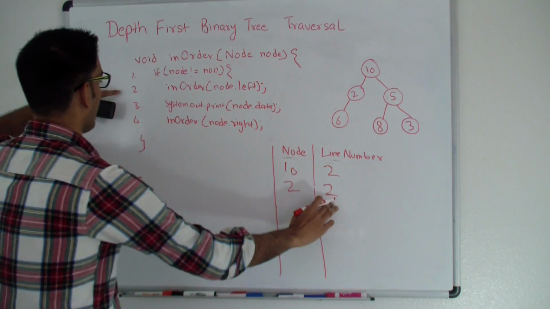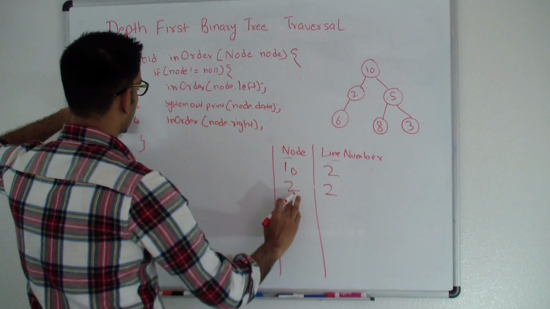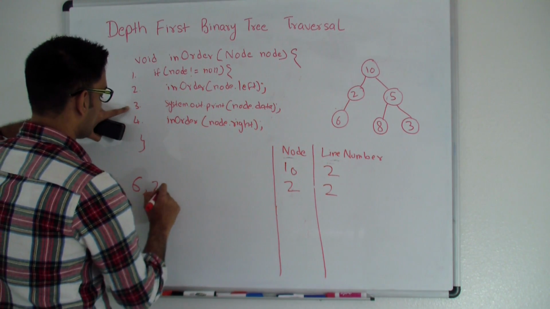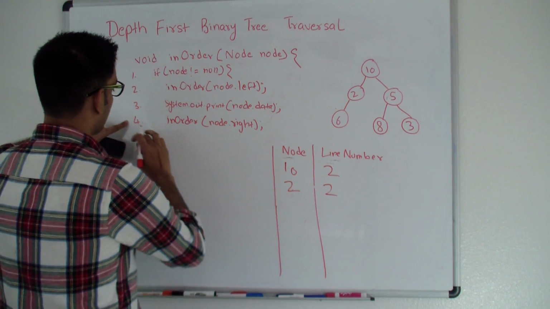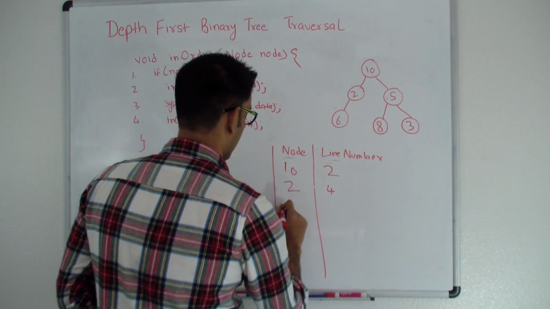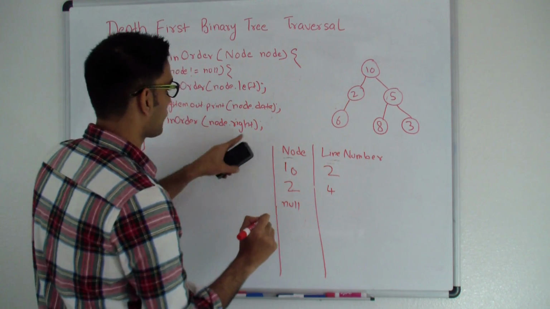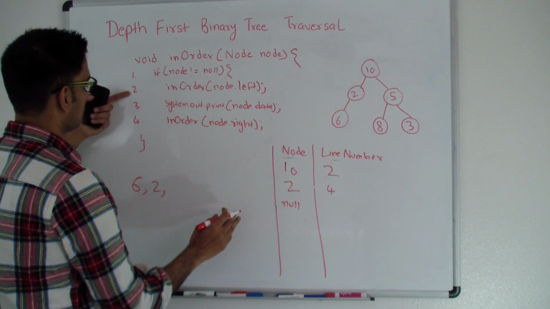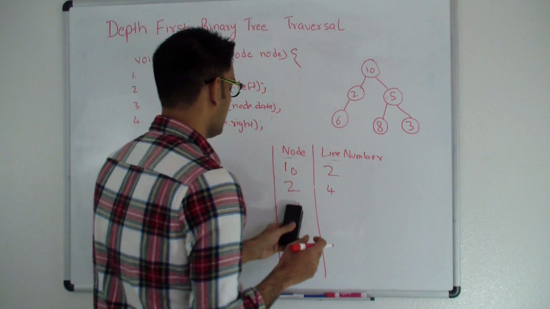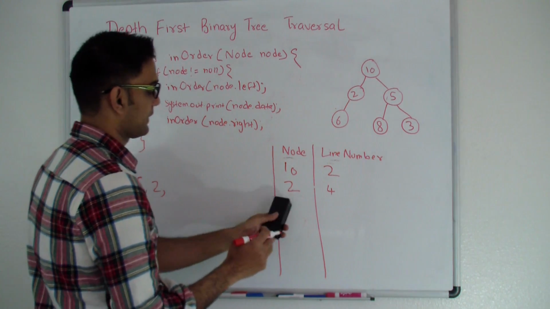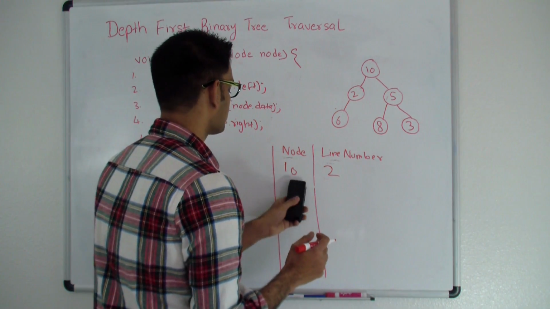So 2 executed line number 2, and now it's going to execute line number 3, which is printing the node data. So that's 2 got printed, and then we go on the right side of 2 at line number 4, and that is null, because node.right, 2's right is null. Again, null does nothing, so we come back and we go back to 2, and 2 is done executing all its things, so we go back to 10.